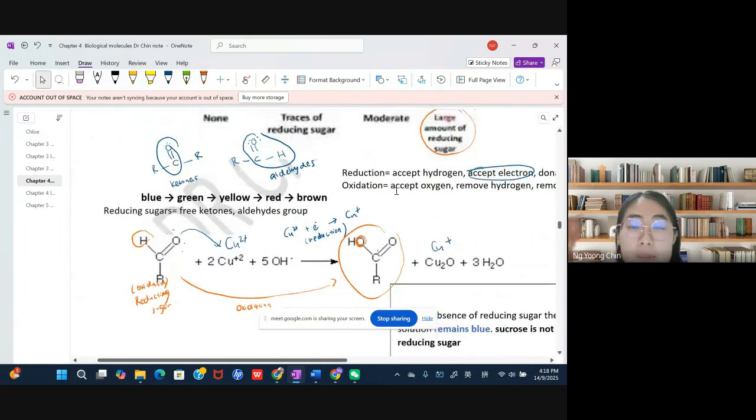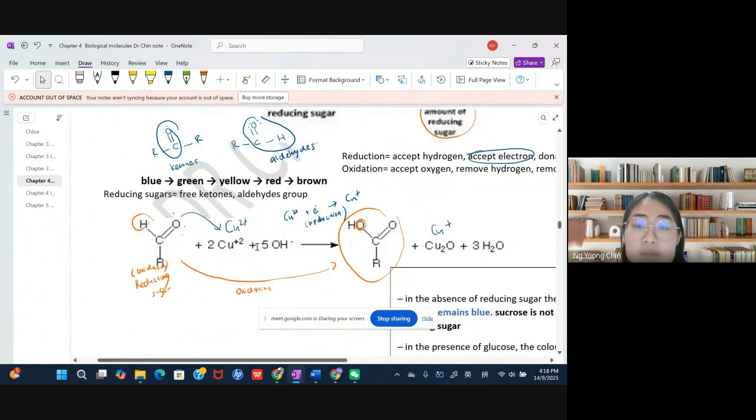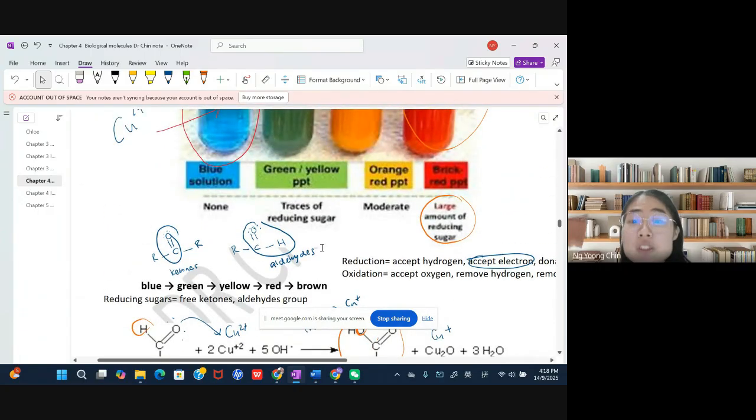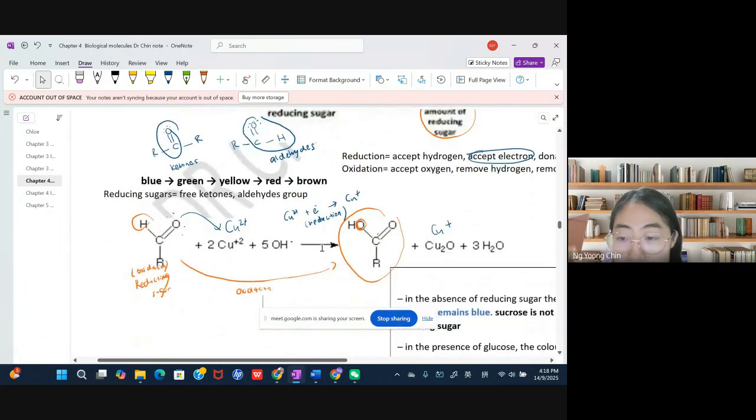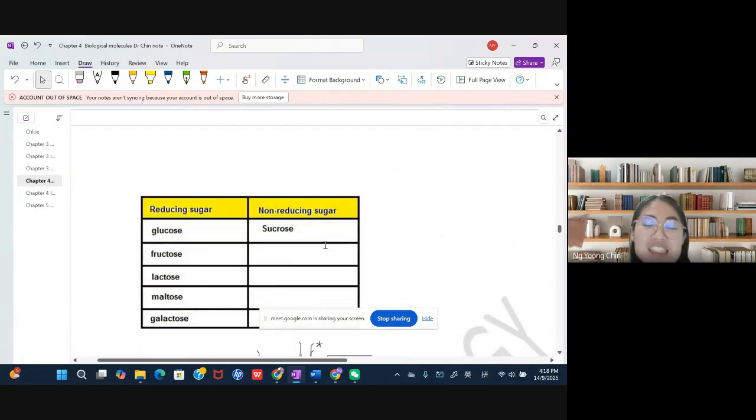So Chloe, do you know what's meant by reducing sugar? Reducing sugar means that they reduce others, but itself undergoes oxidation. So that's what is meant by reducing sugar. Are you clear with it? Yeah. Okay.